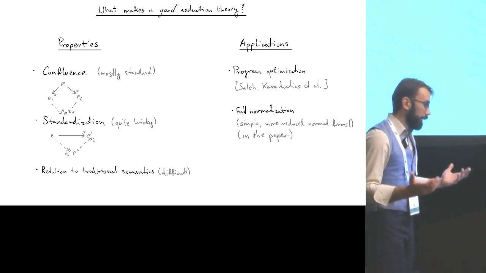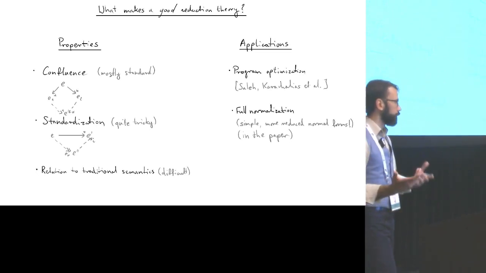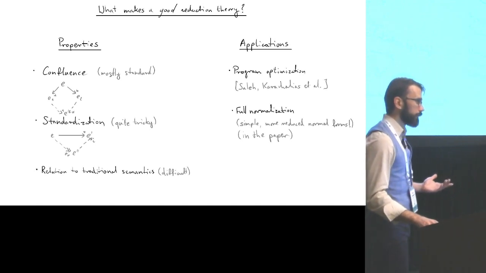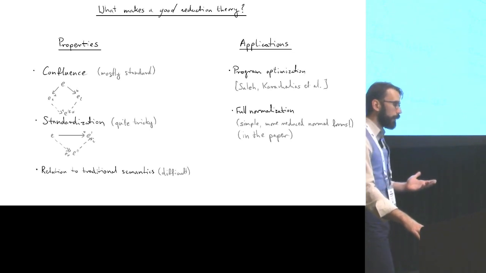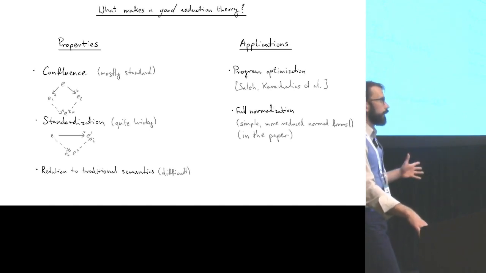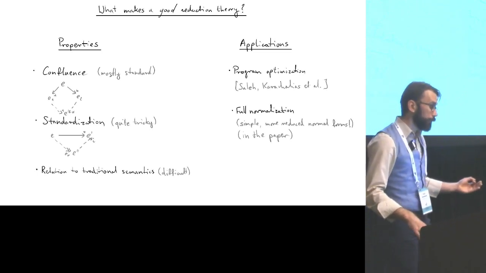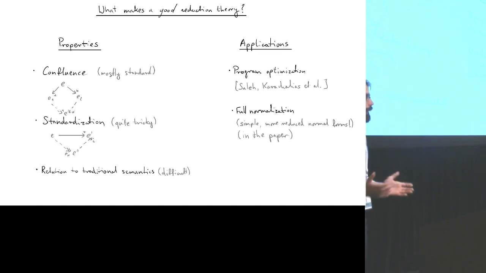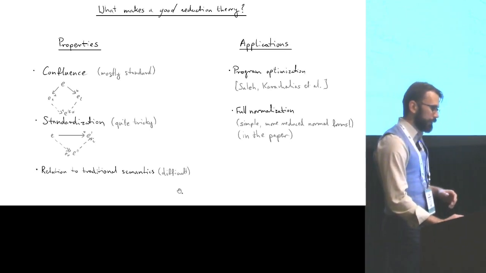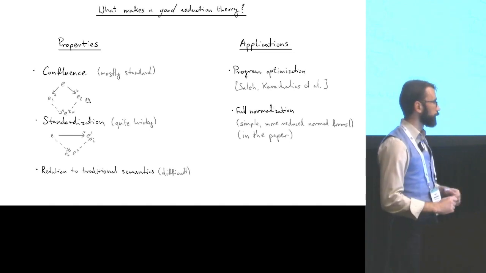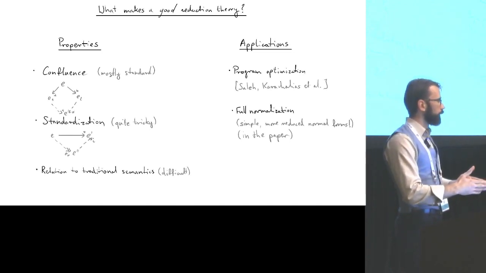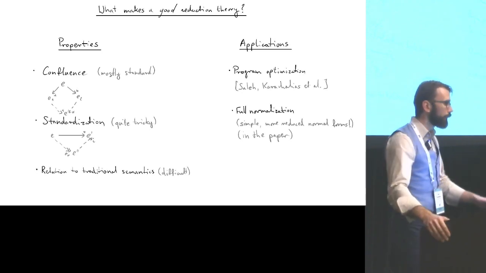But another part of what makes a reduction theory interesting or good is what sorts of properties it satisfies. And the properties that I would say would make this reduction theory interesting and good for deep effect handlers is firstly confluence. So if we reduce to two different sub-expressions by reducing in different parts of our expression, we can always go to the same answer.